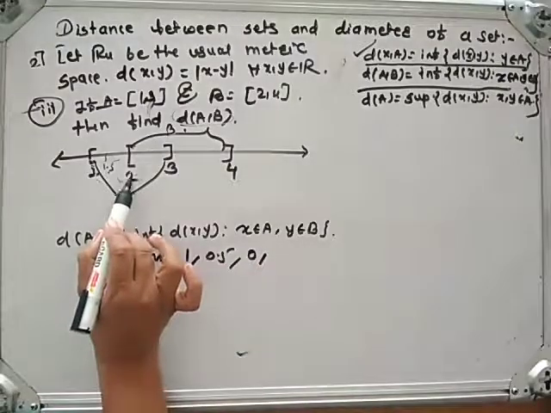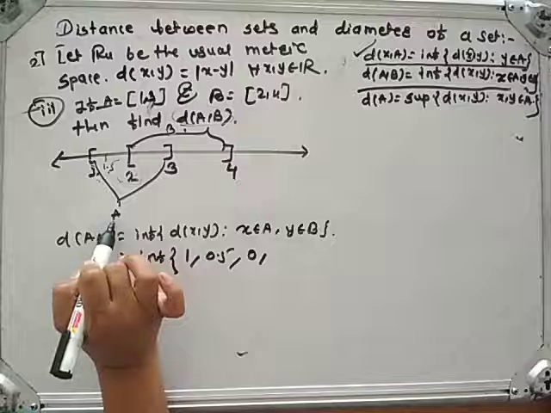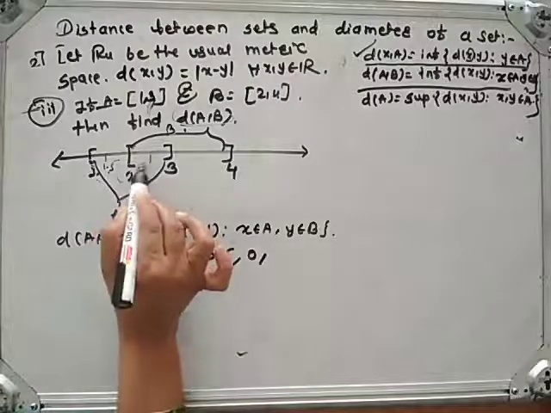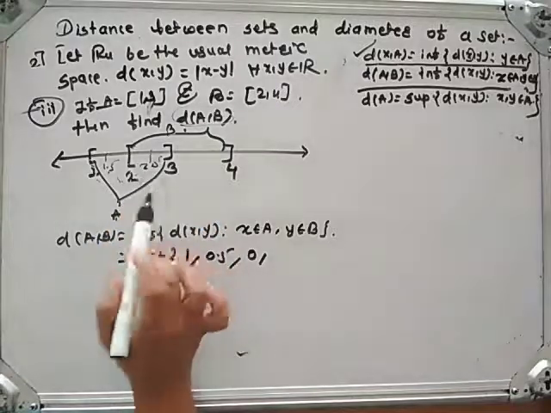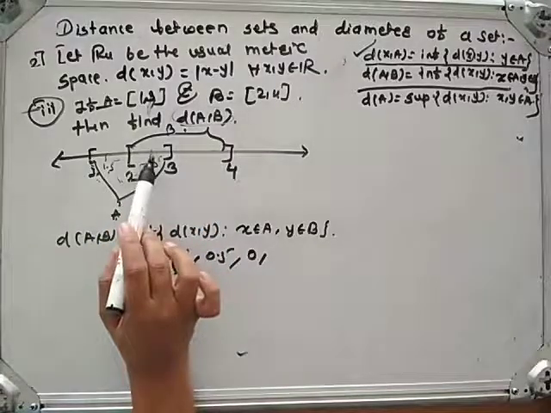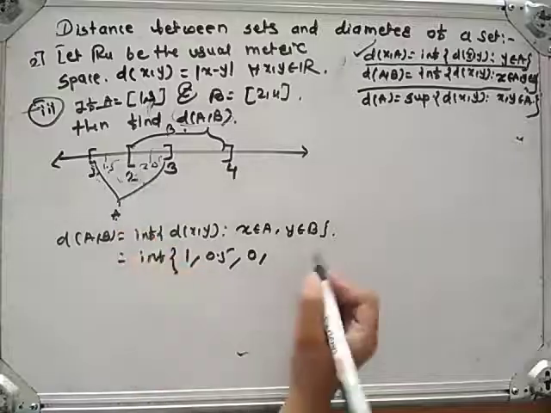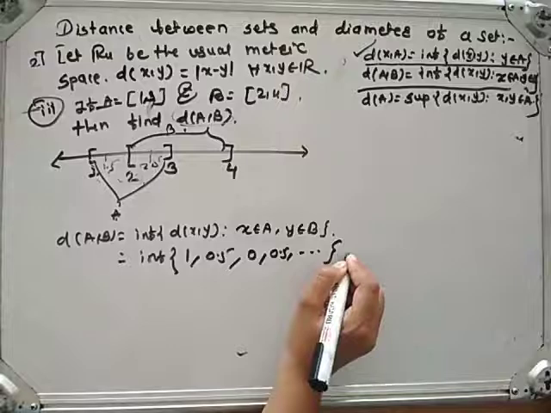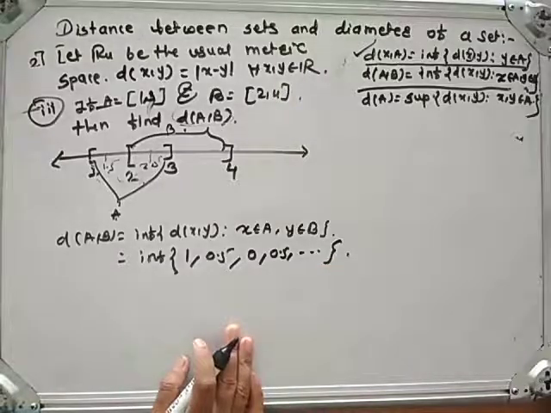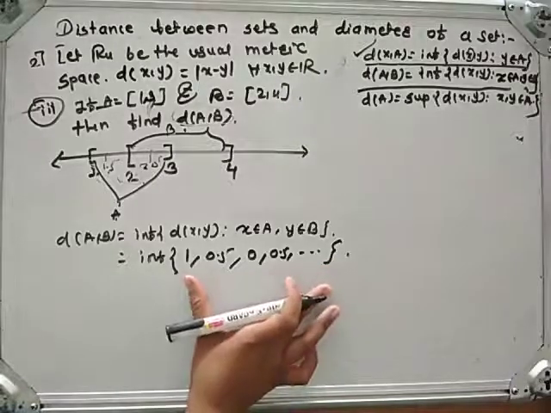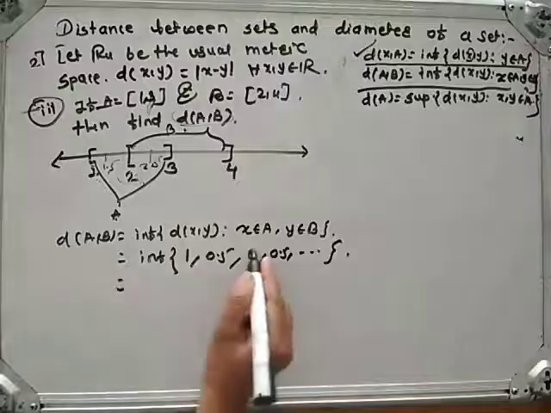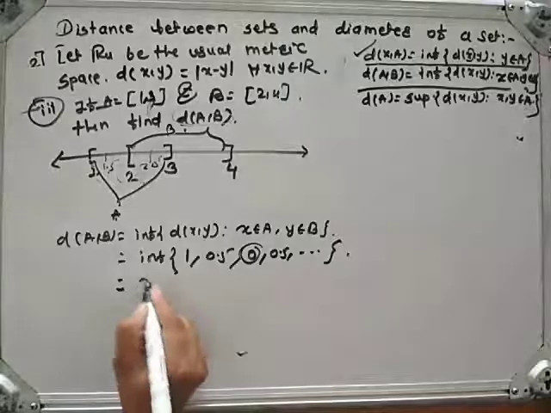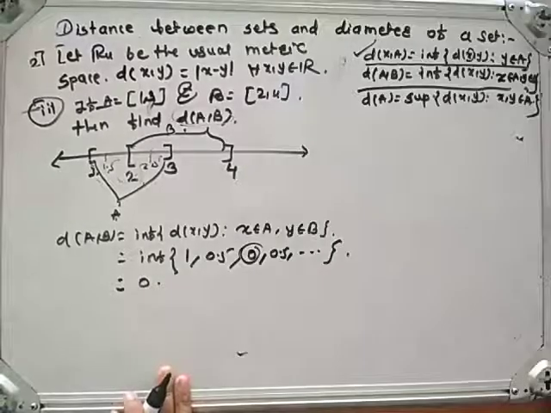If you take 2 from A and 2.5 from B, then the distance from 2 to 2.5 is 0.5, and so on. Among these distances, the infimum is 0. Therefore, the distance between A and B is 0.